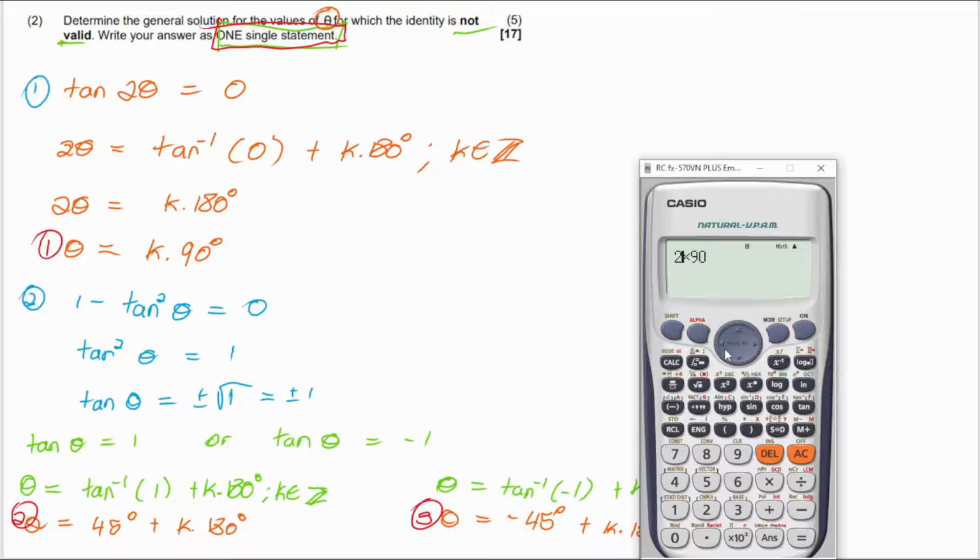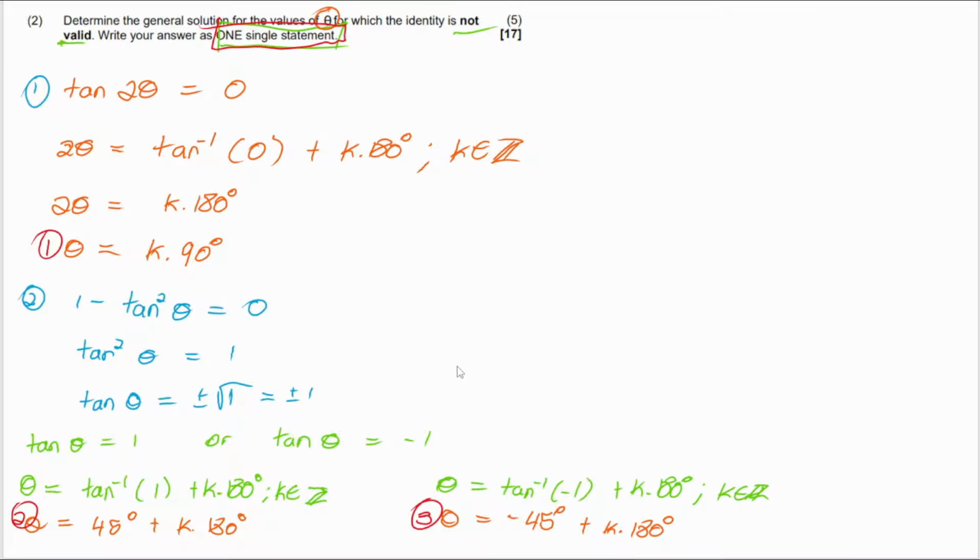K is 3 will be 270. So you don't have to show this over here. This is just for our thinking of how we can get it as a single solution. Some of the numbers I got were 0, 90, 180, and 180 plus 90 was the 270. So that's what I get from this one.